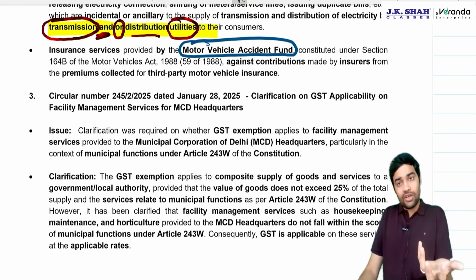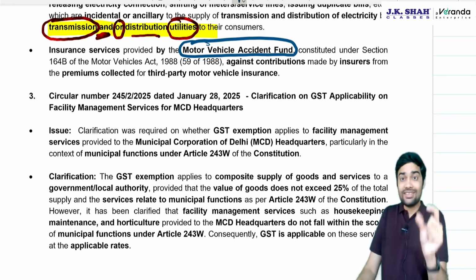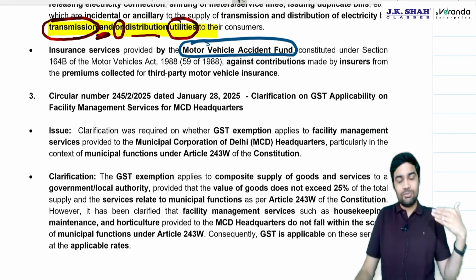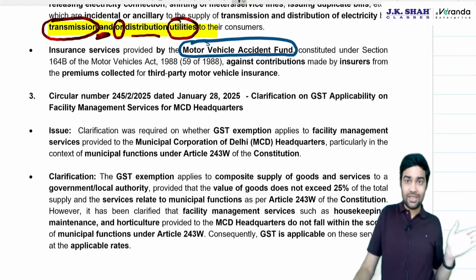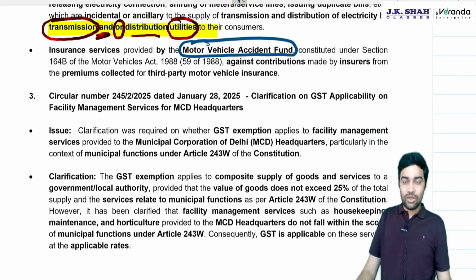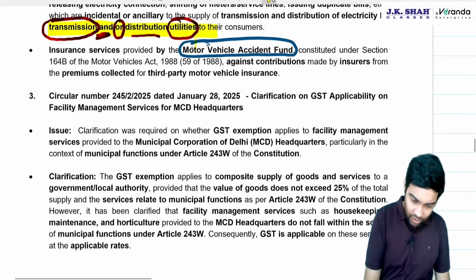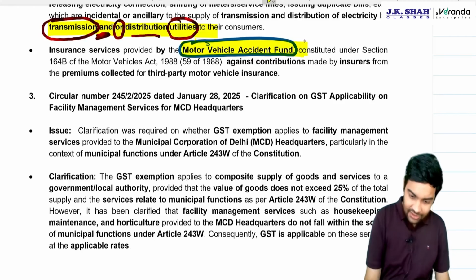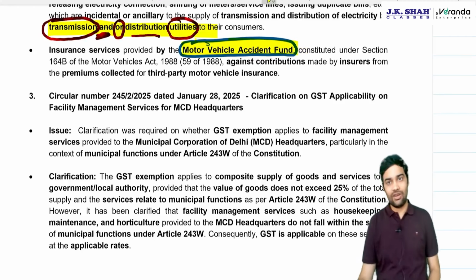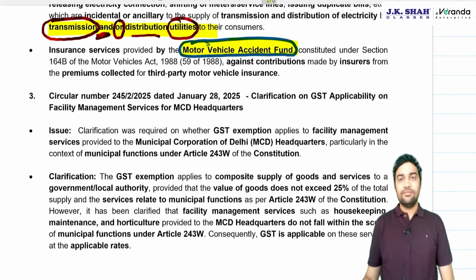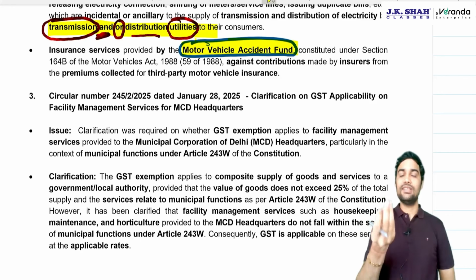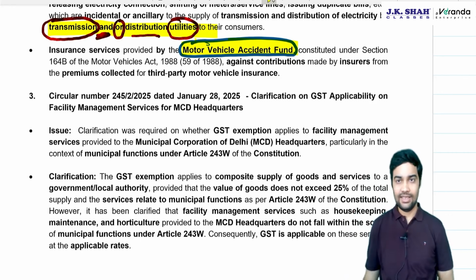This is for third party vehicle insurance, meaning suppose because of one person, some third party suffers damage, then that third party is compensated from the Motor Vehicle Accident Fund. So whatever the fund collects from various insurers, whether GST will apply on that? GST will not be applicable on that. That is what is said here.